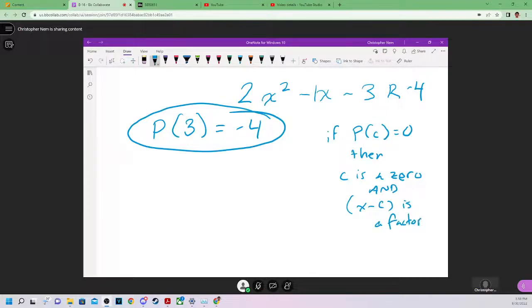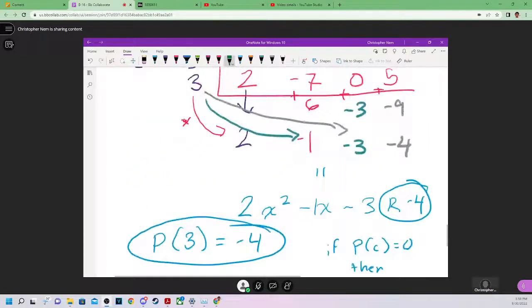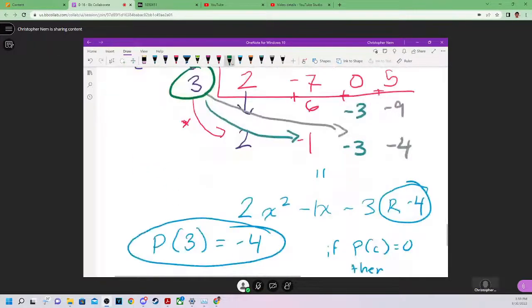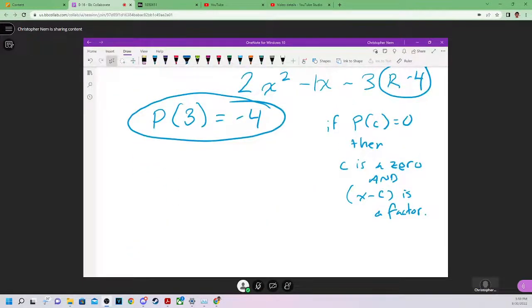But because we have this remainder, if I evaluate my polynomial at that value that I thought was supposed to be divisible, and it turns out not to be 0, it's not a factor. In this case, it's -4, so it is not a factor.